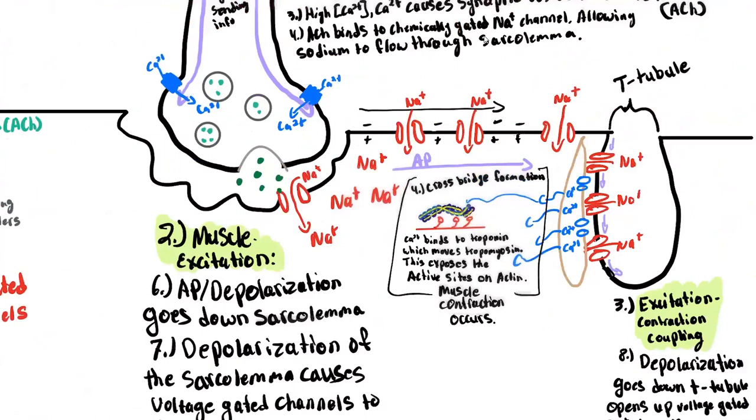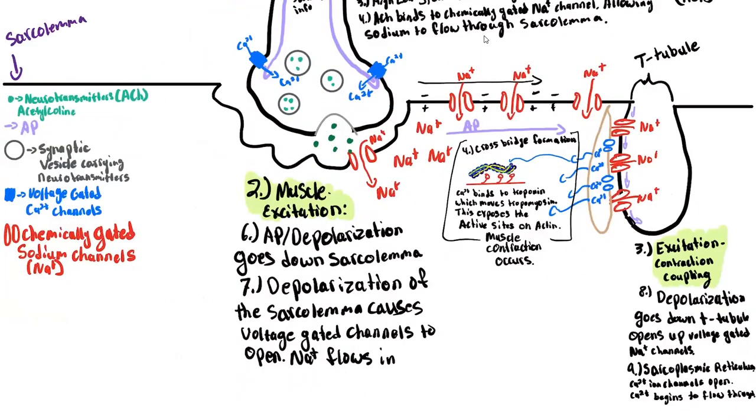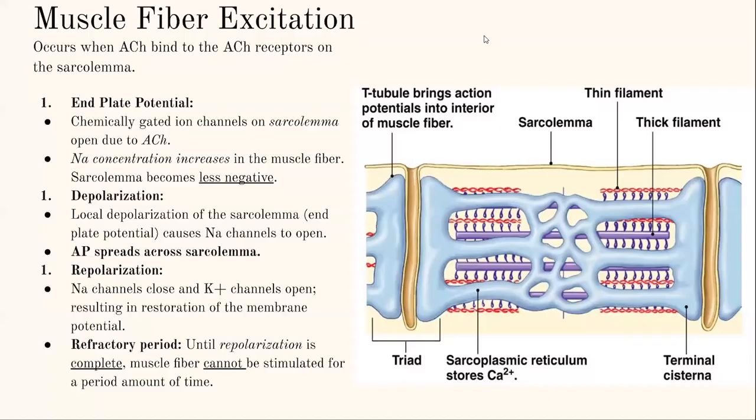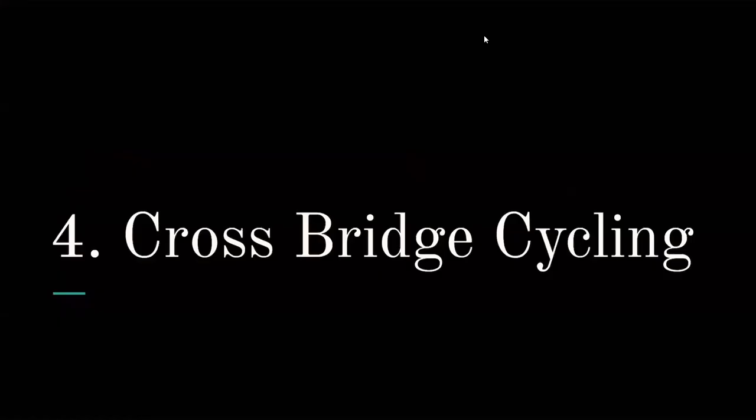So I have a whole slide on what happens in that last step, the muscle contraction. So let me get to that. Like I said, it's called the cross-bridge cycling.